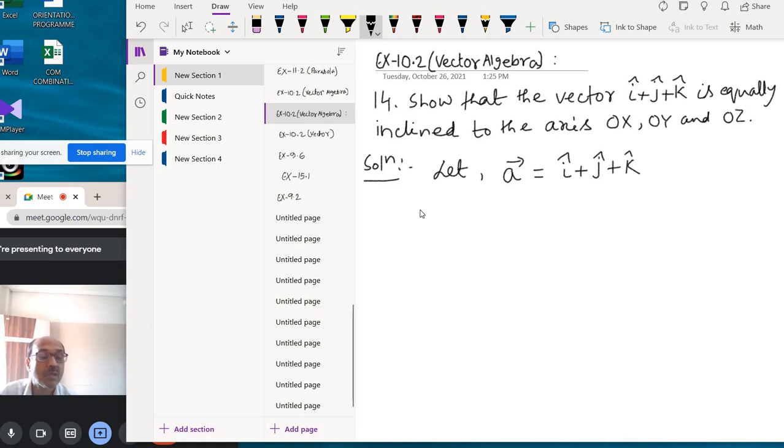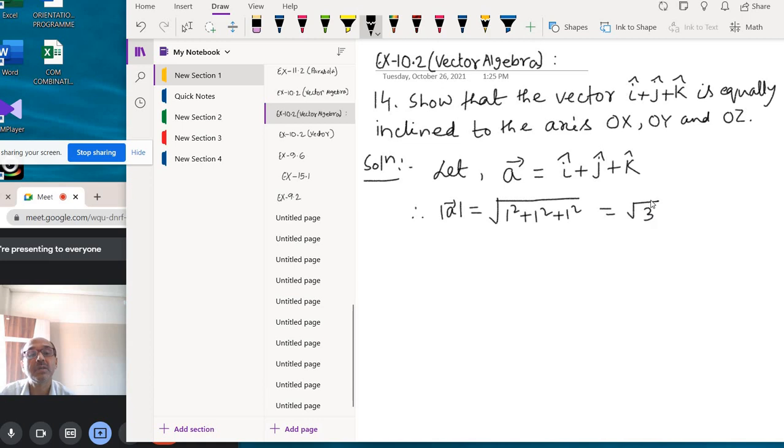Now the magnitude of this vector: magnitude of A equals under root 1 square, since the coefficients of i, j, k are 1, so 1 square plus 1 square plus 1 square equals root 3. 1 plus 1 plus 1 is 3, root 3.